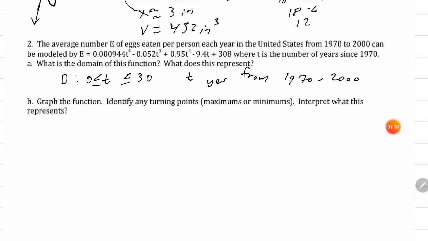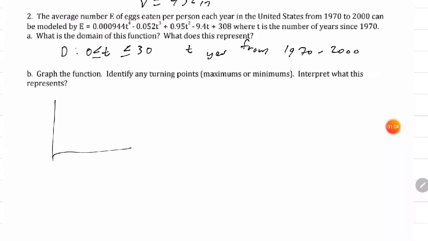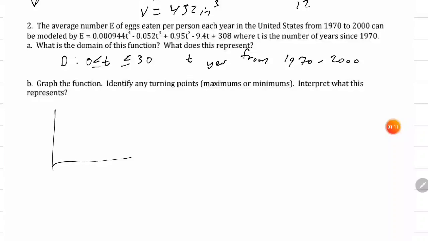B, graph the function. So I would use a graphing calculator, and this is a rough sketch of what it kind of looks like. I guess I could use Desmos, but all those numbers. But I have the answer key here. So it kind of looks like that. And then there's this lower hump here, and nothing else, because remember we're doing t equals 0 to 30.